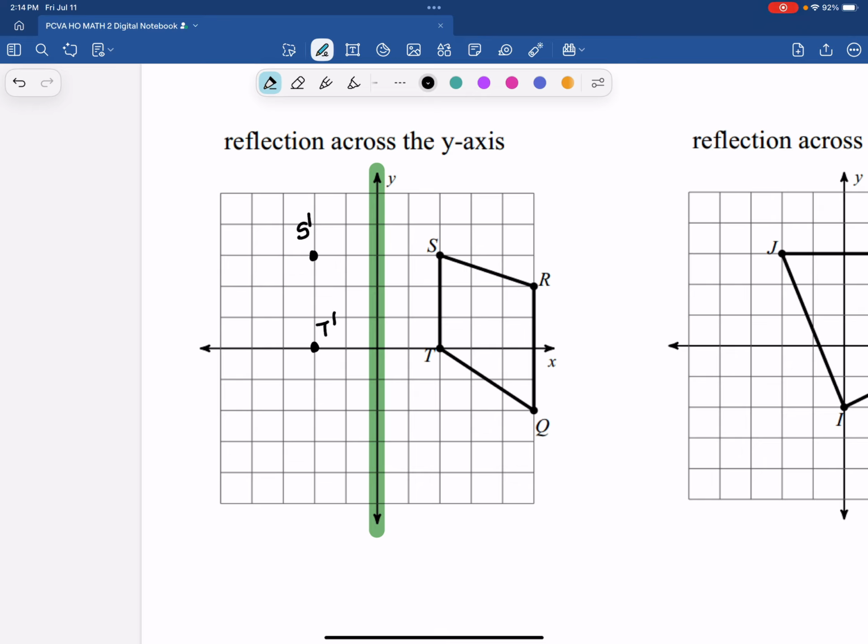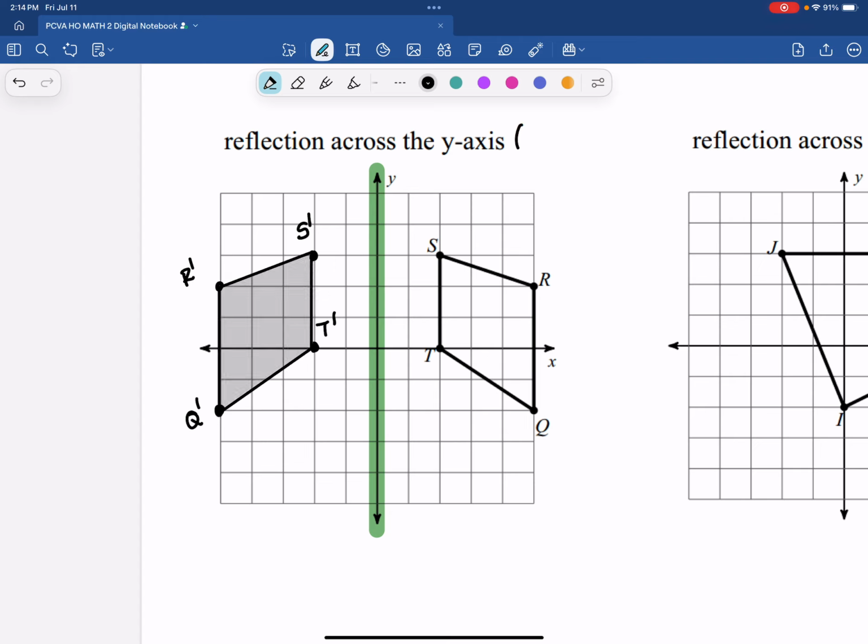Q is 5 units, so that's going to be 5 units on the other side. So this is going to be Q prime. And then R is 5 units, so 5 on the other side. All right, and then you could connect those. And then there's your reflection.